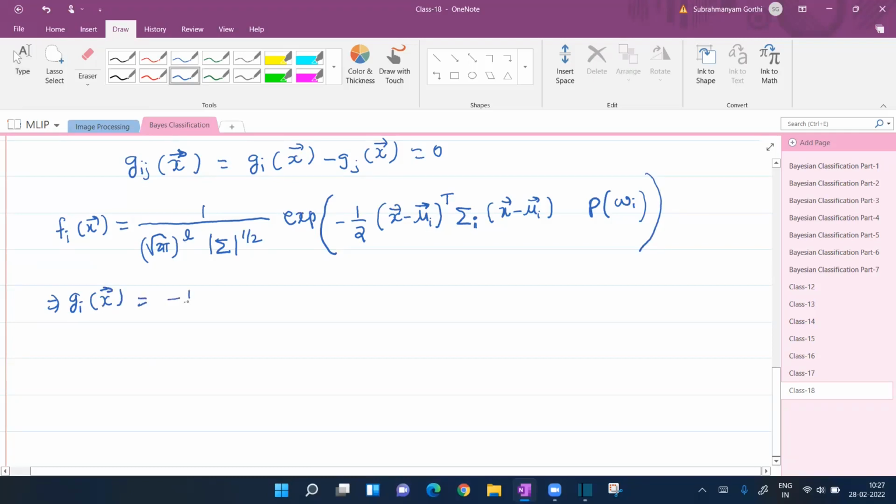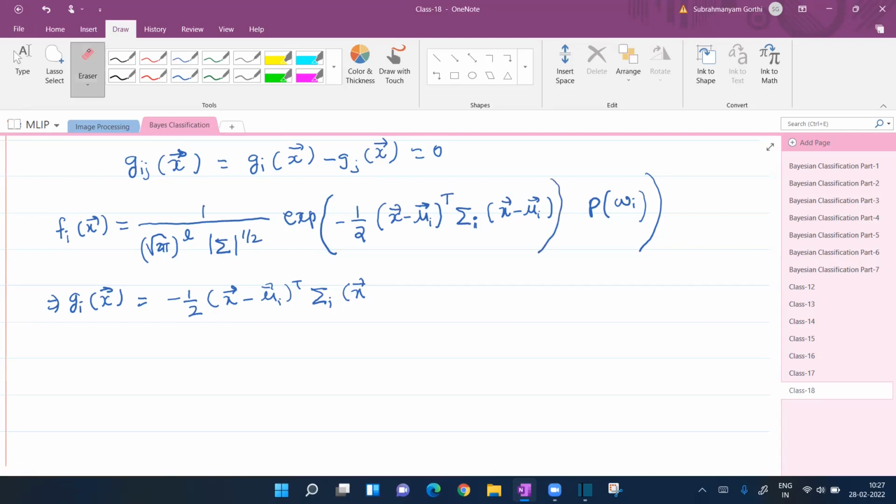Minus 1 by 2 into x bar minus mu i bar whole transpose into covariance matrix into x bar minus mu i bar, right? So that's for the exponential.